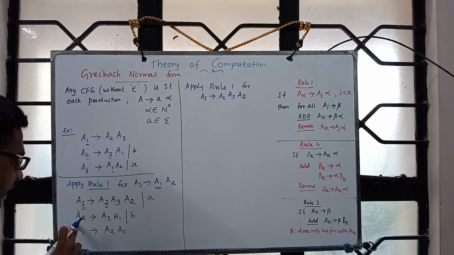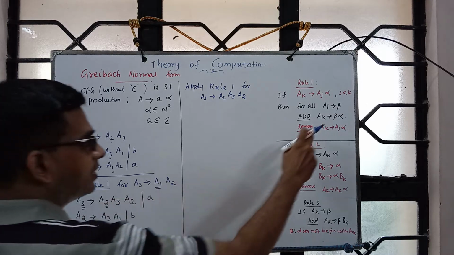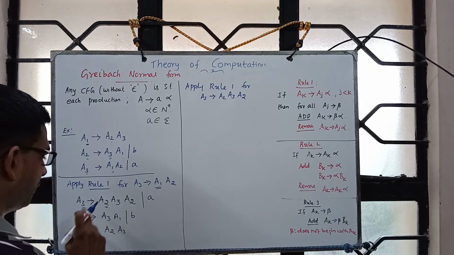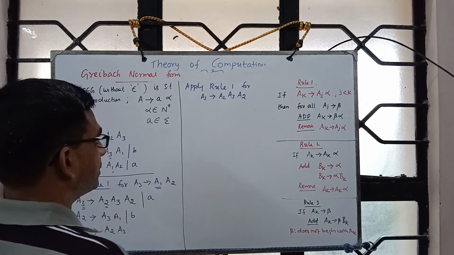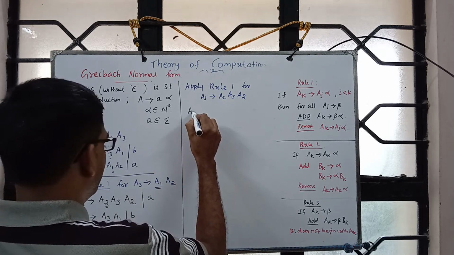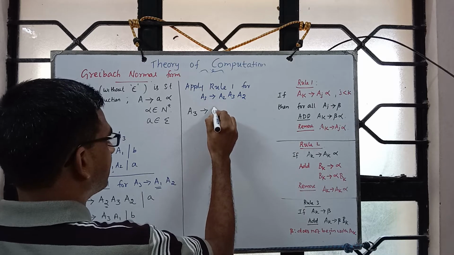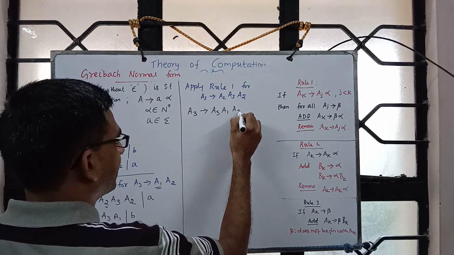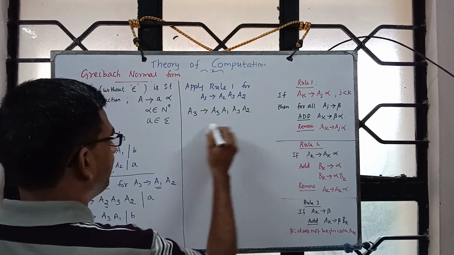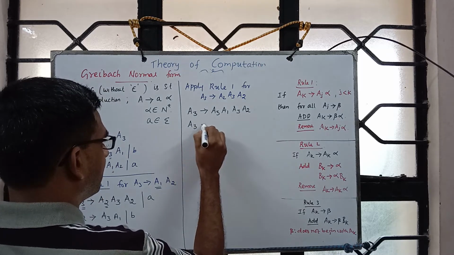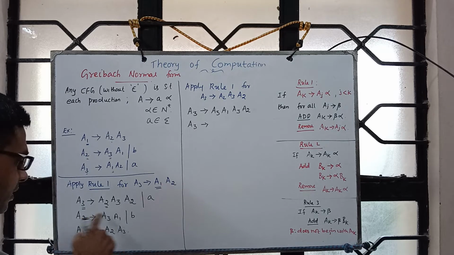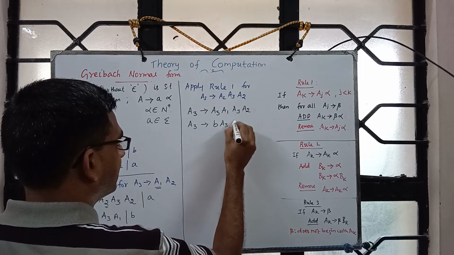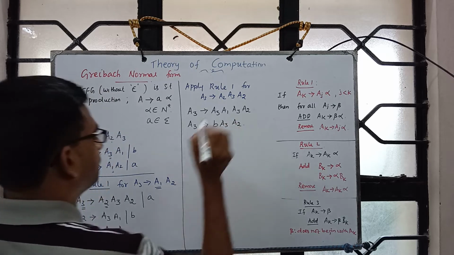Now it says you find all productions starting with A2 and substitute over here, which means you get A3 implies A3 A1 A3 A2, or A3 implies B A3 A2.